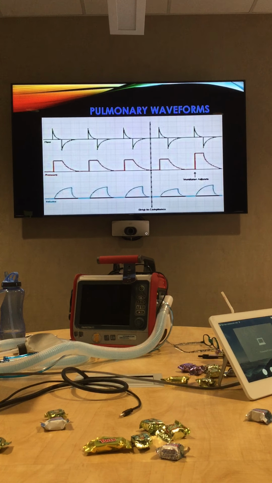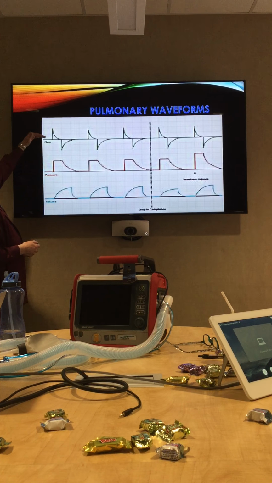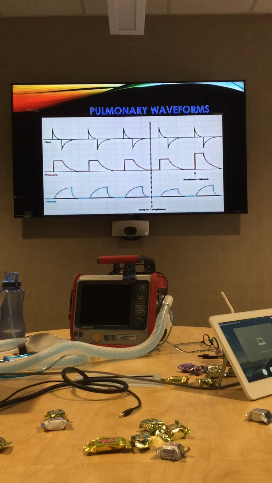If you look at the waveform after the fourth loop, you have three different waveform patterns here. The first one is flow, then pressure, and this is tidal volume. After the fourth one, you'll see there's an increase in volume because it said, hey, I'm not achieving what I actually need, so it's going to increase that volume.